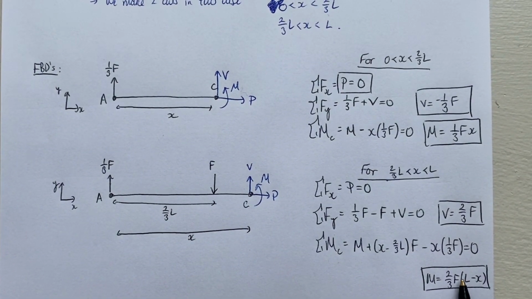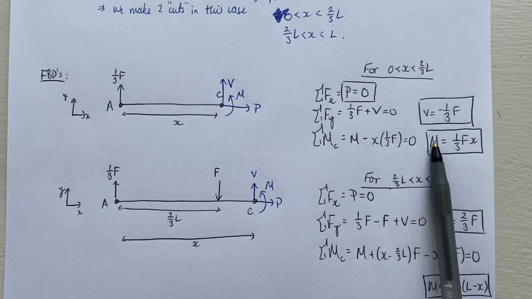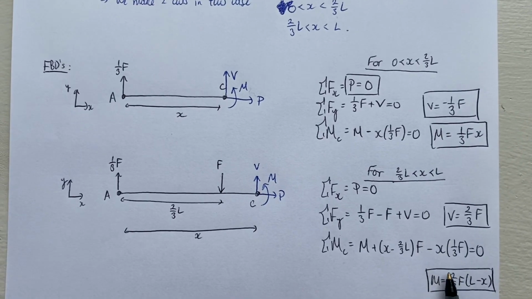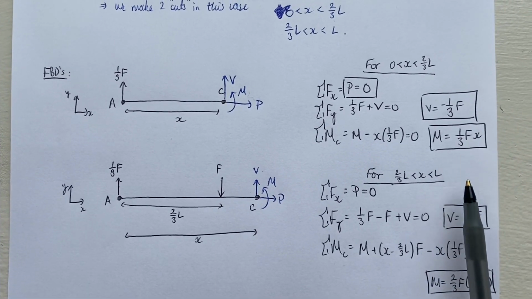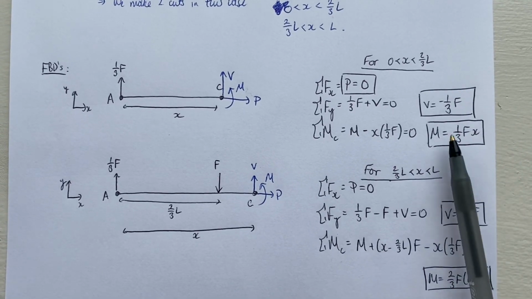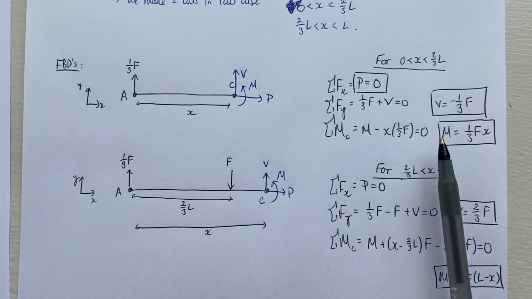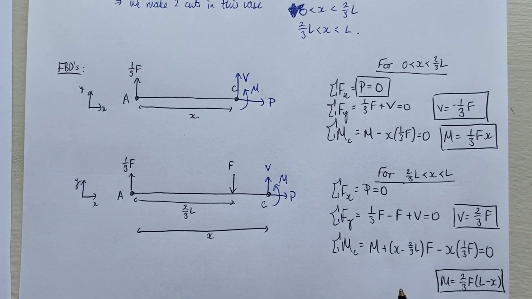So you'll notice that here M depends on X, right? So that's kind of a linear function of X, so that tells us how the bending moment changes as we go further along the beam.